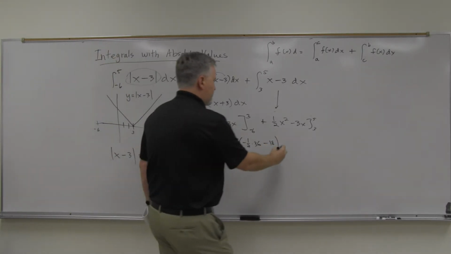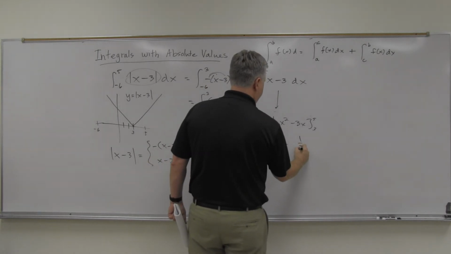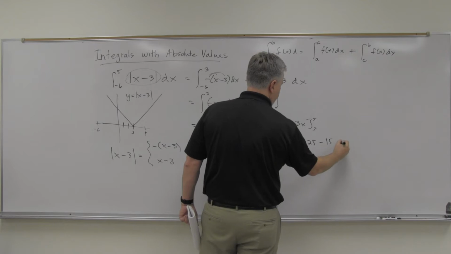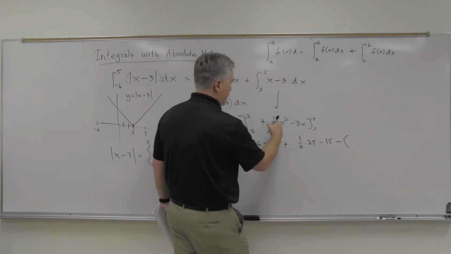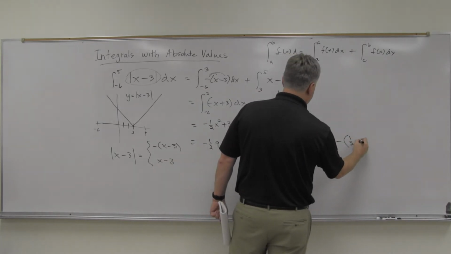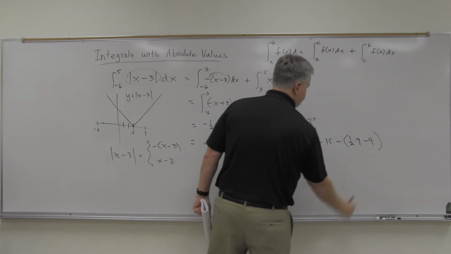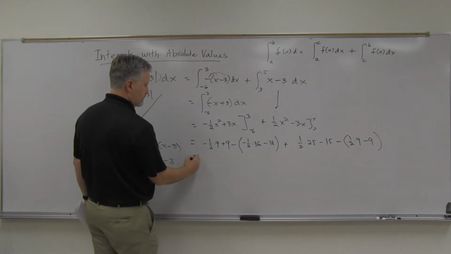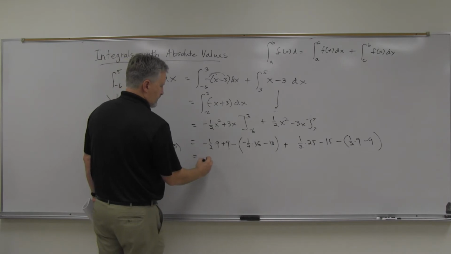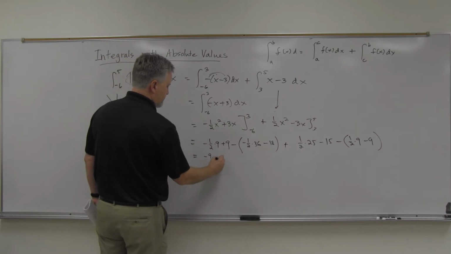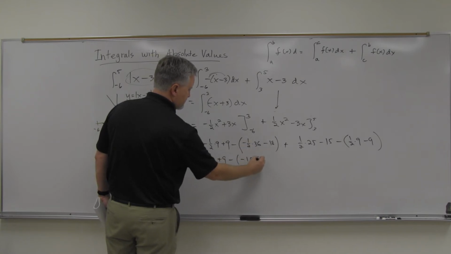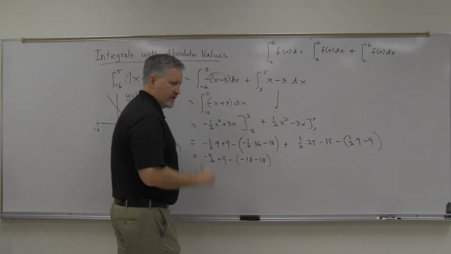Then over here, we have 1/2 of 25 minus 3 times 5 is 15. 5 plugged in. Plug in the 3, we'll have 1/2 of 9 minus 9. Yeah, so we got negative 9/2 plus 9 minus a negative, that'd be negative 18 minus 18. Whatever that gives me.